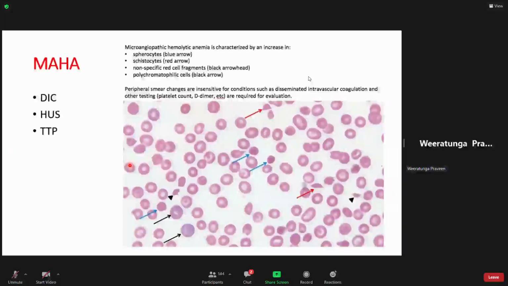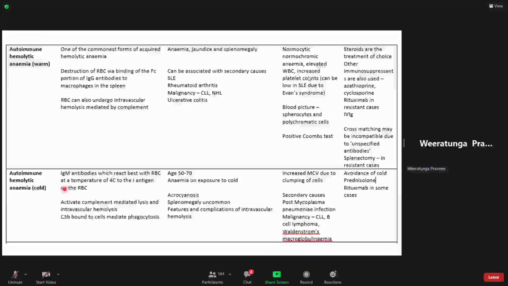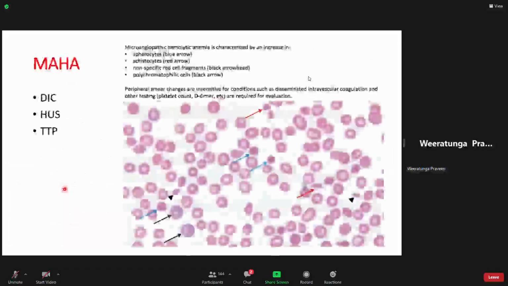And I told you in the OSCE discussions one of the main differences between DIC and HUS-TTP is that in DIC, you get significant abnormalities in coagulation tests, PT/INR, APTT, and TT, thrombin time. But in HUS-TTP, the coagulation tests will be normal. So we'll do some MCQs and see now.